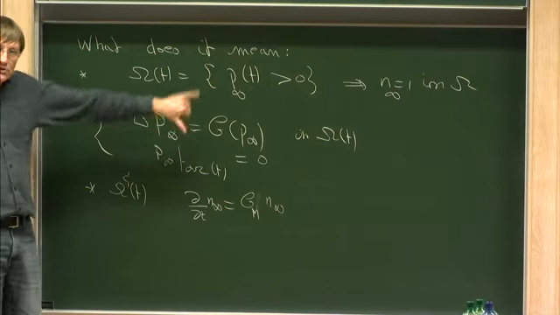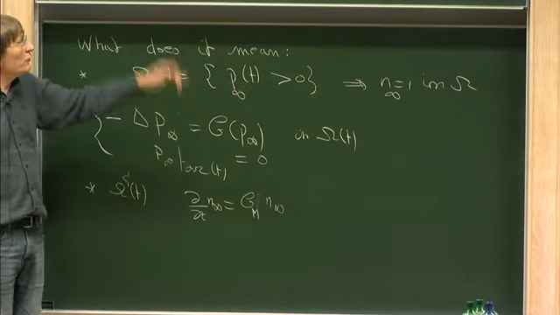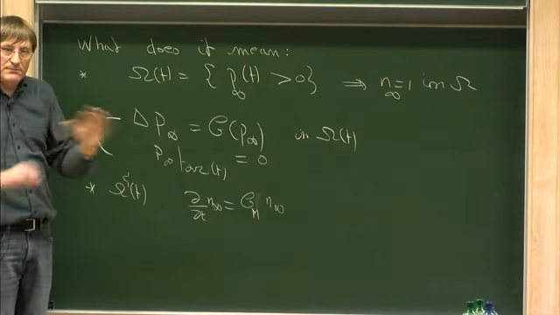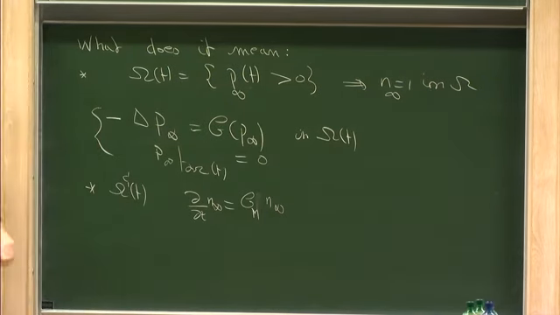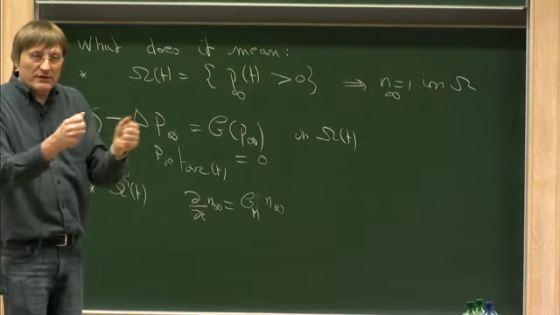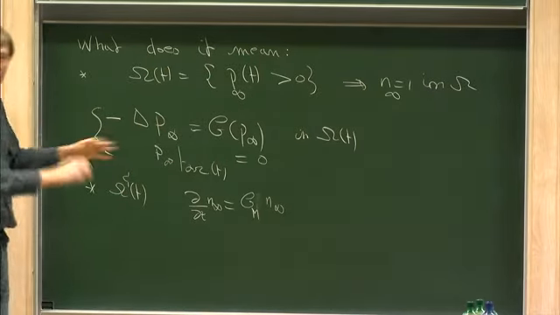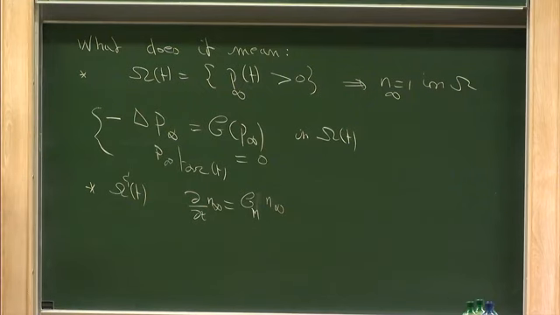So there are two informations encoded in this equation depending where you are. And now the quantities p and n, which were linked at the beginning, which were one to one, are now becoming independent, controlled by two different equations depending where you are. Okay? So that's a little bit tricky.